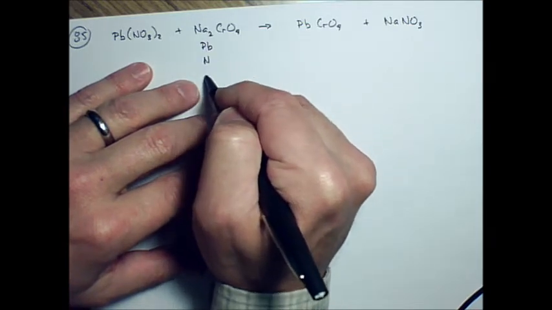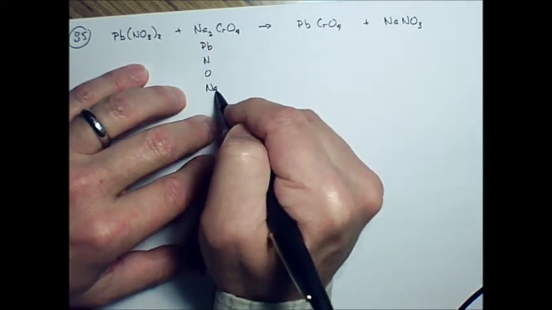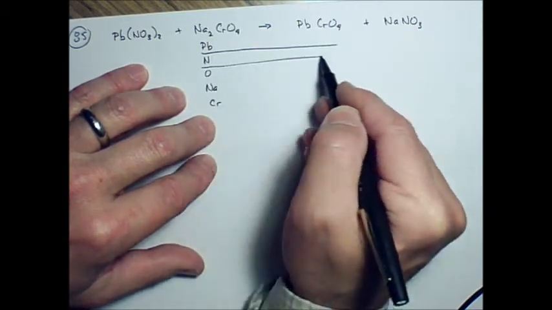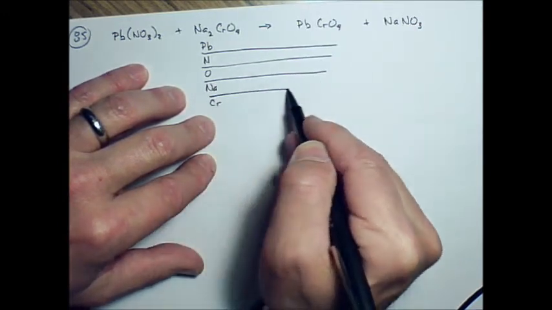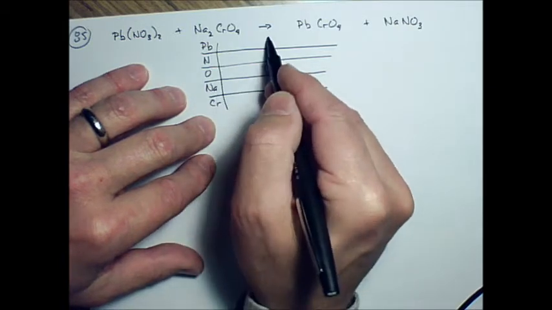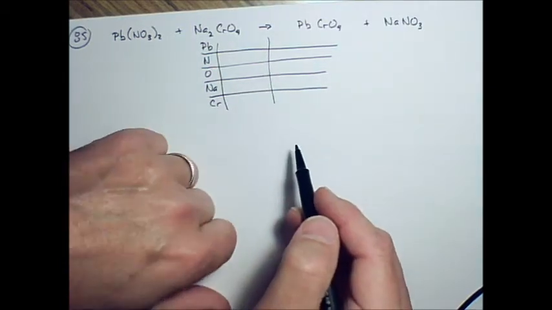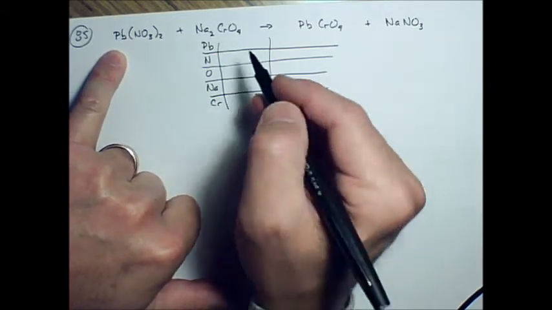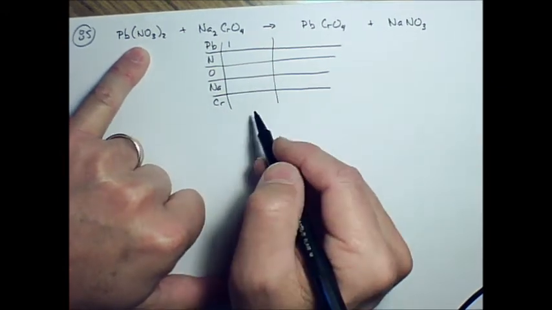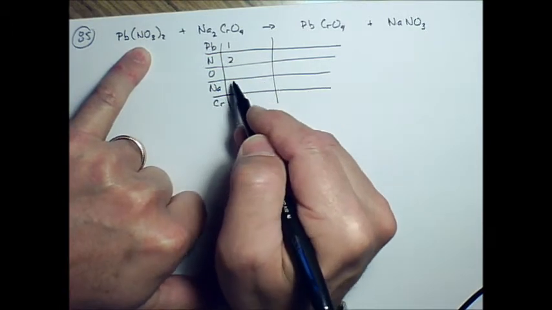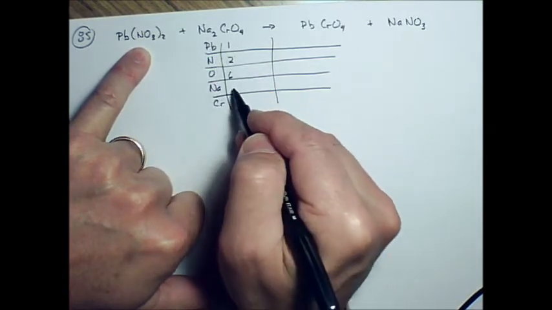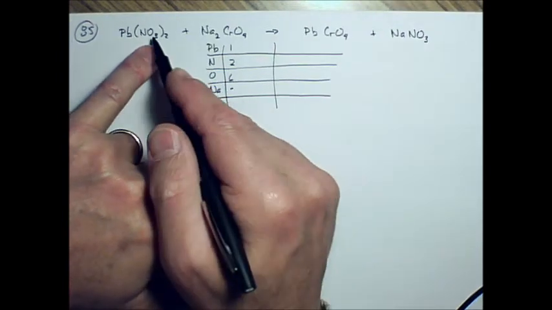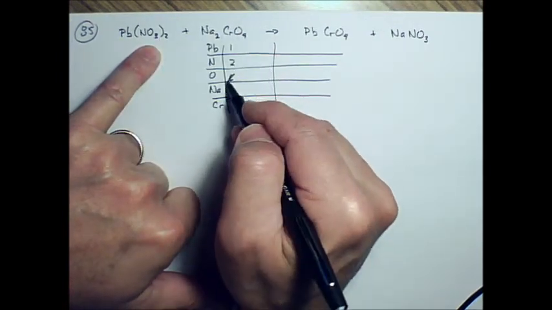Pb, N, O, Na, Cr. And we call this an atom inventory. So how many leads do we have? How many nitrogens? 2. How many oxygens? 6 plus 4 is 10.